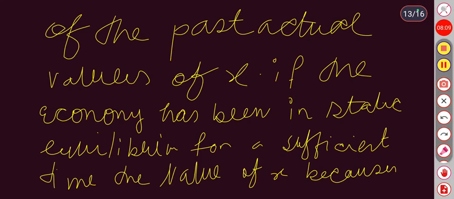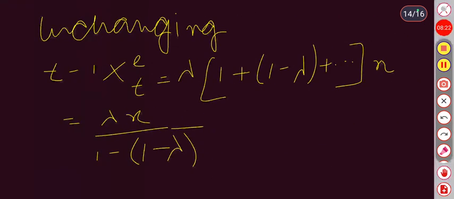If our economy has been in static equilibrium, that means there is no change and time is constant for a sufficient time, the value of x becomes unchanged, and that will show in the next equation that expected value of tth period is equal to lambda square bracket 1 plus 1 minus lambda plus and that will continue, multiplied with x.